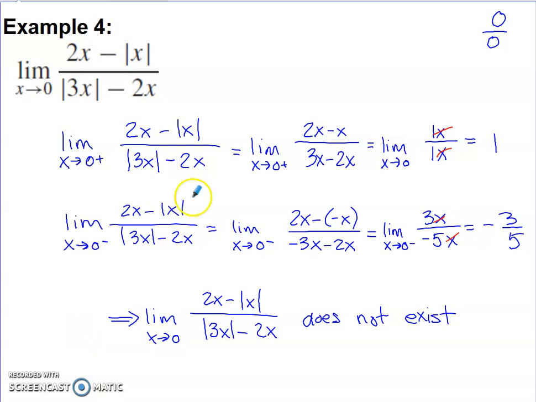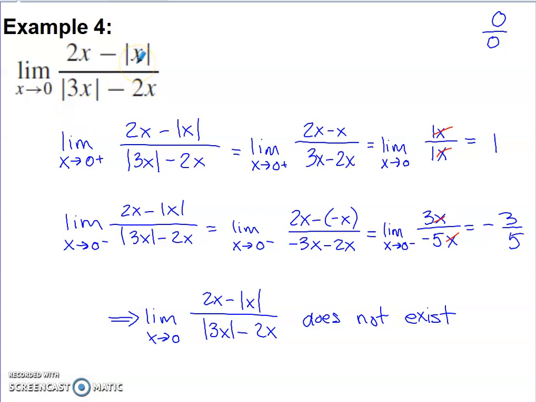Then the last one here has a couple different absolute values floating around. You do get 0 over 0 when you put 0 in place of all the x's. So the only way that you're going to be able to analyze this effectively is if you do something to get some cancellation to eventually occur. So I do notice that for both sets of absolute values in this one, 0 is the tipping point, right?